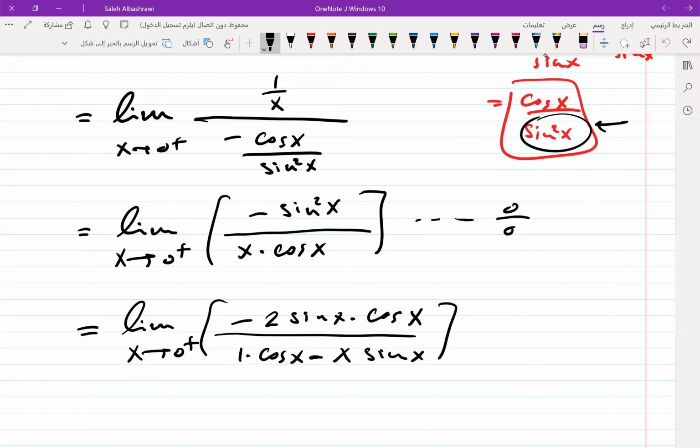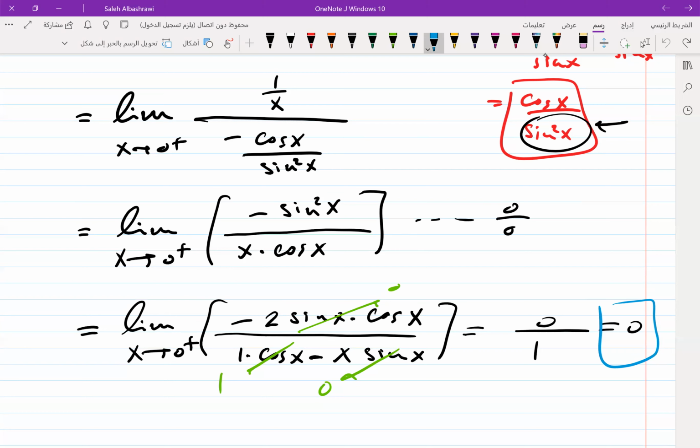Replace x by 0: it will be 0 over 1, because the sine terms are 0 and cosine of 0 is equal to 1. So I'll have 0 over 1, or only 0. So the limit for this function is equal to 0.